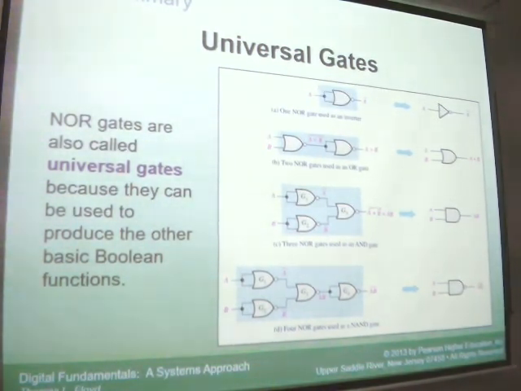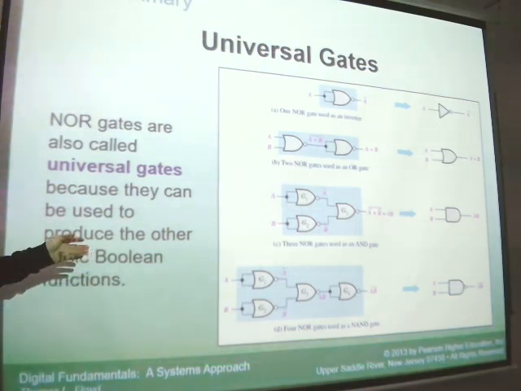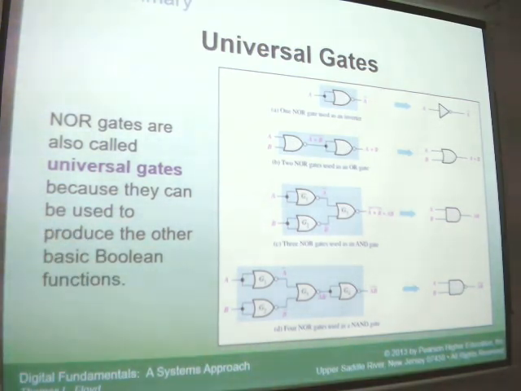NOR gates are also called universal gates because they can be used to produce the other basic Boolean functions, also A bar, A plus B, A and B. If the text mentions universal gates, we must know that they mean the NAND gate or the NOR gate.